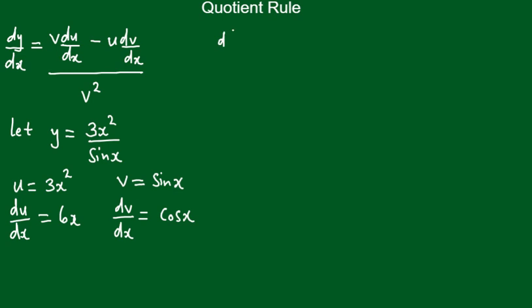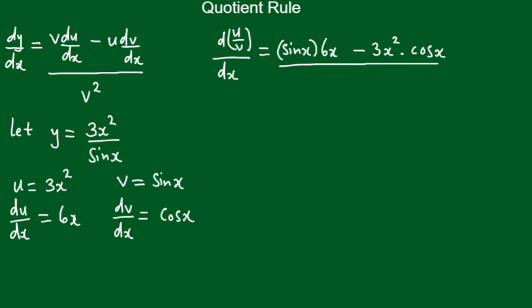So d of u over v with respect to x is equal to our v, that's sine x, multiplied by this du dx, 6x, minus u, which is 3x squared, multiplied by dv dx, which is cos x, all this over v squared.